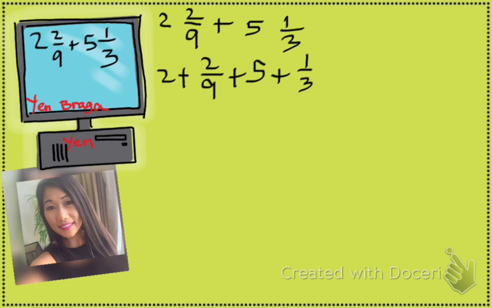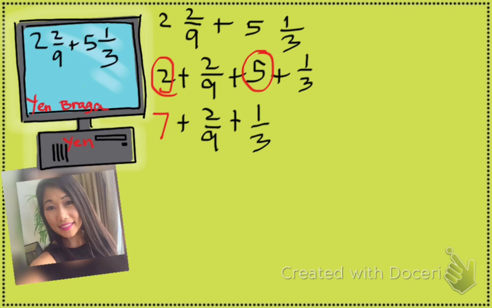The next step is we will add the whole numbers. So 2 plus 5 equals 7. So we have 7 and then we add the fractions, 2/9 plus 1/3.